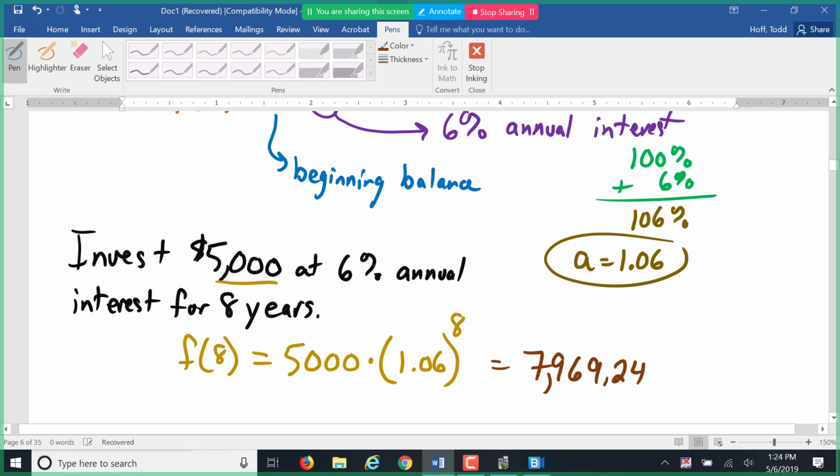Which gives us an ending balance of $7,969.24.